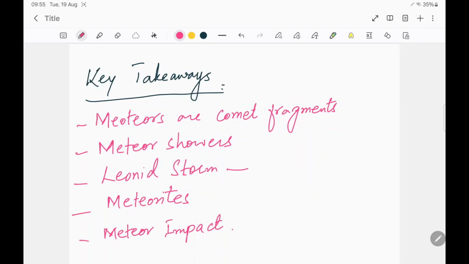Okay, dear students, now we have come almost to the end of our lecture, and let us sum up with the key takeaways that we have seen in this essay. Well, first of all, we say that meteors are comet fragments, and I think we have already explained about comets.